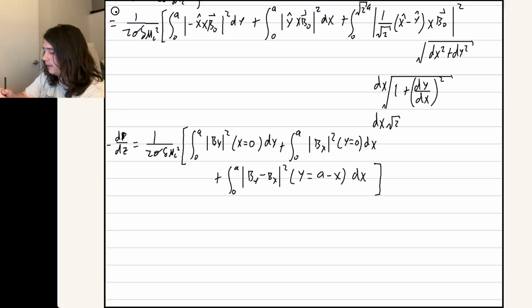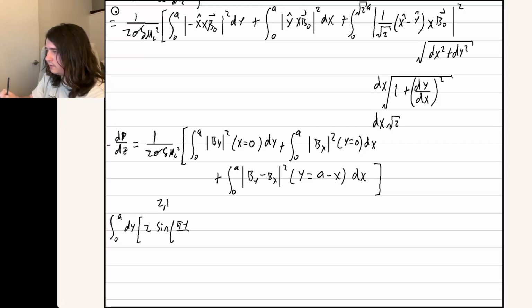Also, looking specifically at the 2-1 mode, because I don't want to make this general. Then those integrals are going to turn into a dy integral of 2 sine pi y over a minus sine 2 pi y over a.